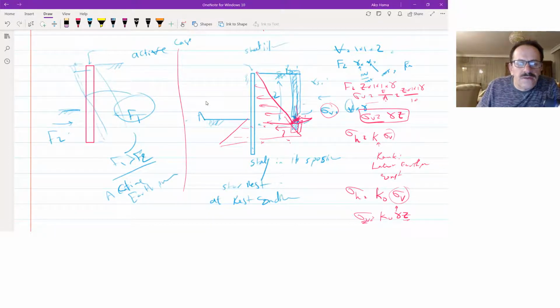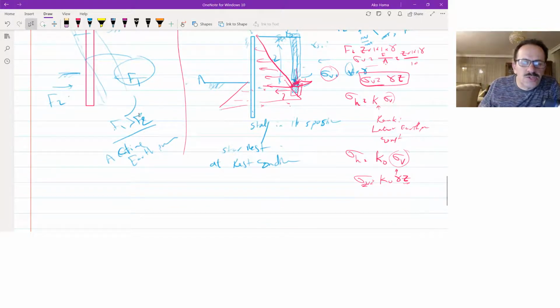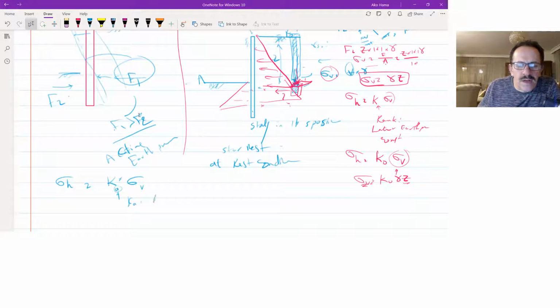Based on the same condition, the sigma active, which is the lateral force, is equal to the same definition of sigma vertical times a constant k, but now I will call it Ka, which is the active earth pressure constant.